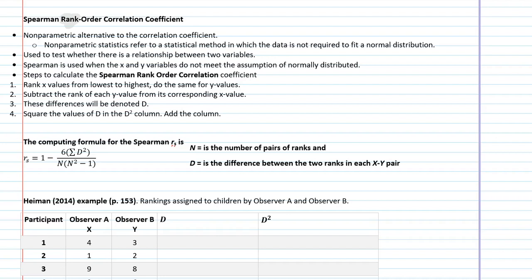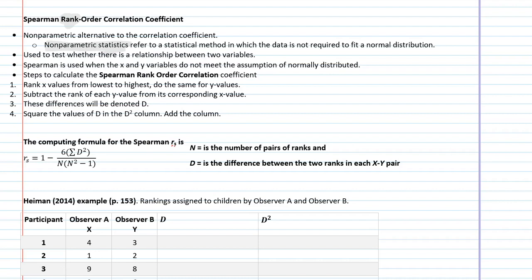So it's a type of non-parametric test. And my understanding is that non-parametric statistics are very popular in the social sciences because researchers tend to use Likert type of data where the participants rank their choices basically.